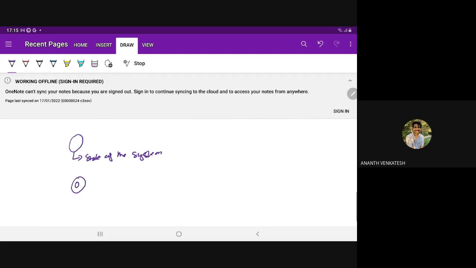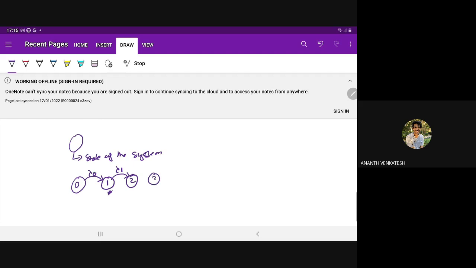So initially there are zero customers. Now the first customer arrives with the rate lambda naught, so now there is one customer. Now the second customer arrives with the rate lambda 1, because there is one customer.